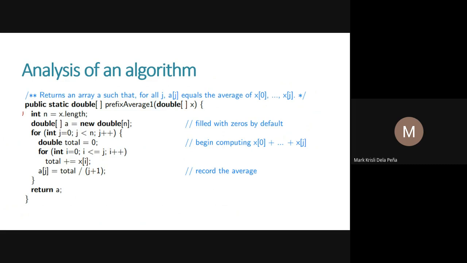Then the double, since this is creating an array based on n, the array will be created based on the n inputted. So we might say that's n. Declaring an array, if it's only a variable just like this, would be 1 operation. Then we'll have here 1, 2, 3, 3 inside this loop.